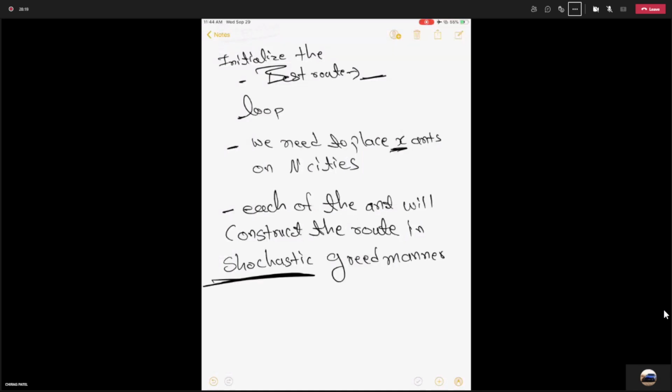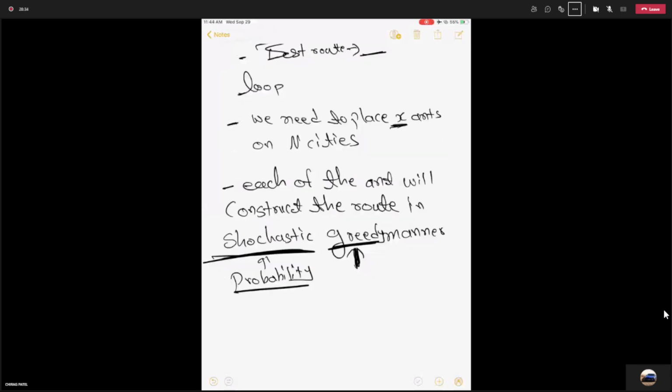Stochastic, that's why we're using probability to find out which city we are going to visit or not. Why do we say greedy? What do you mean by greedy? It's using nearby information.